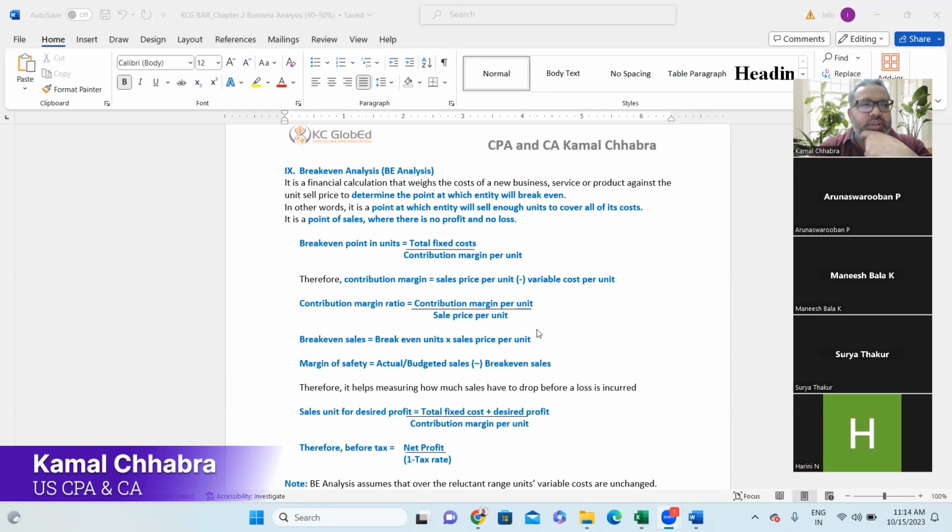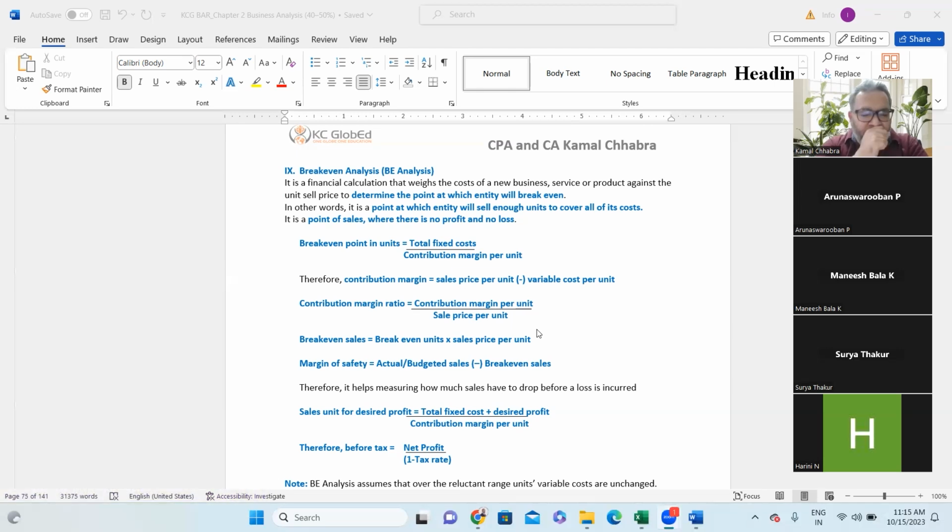Variable cost is generally considered as your cost of goods sold, because for each unit you are selling there is an inventory cost which is variable based on the number of units you are selling. So sales price minus variable cost is your contribution margin.